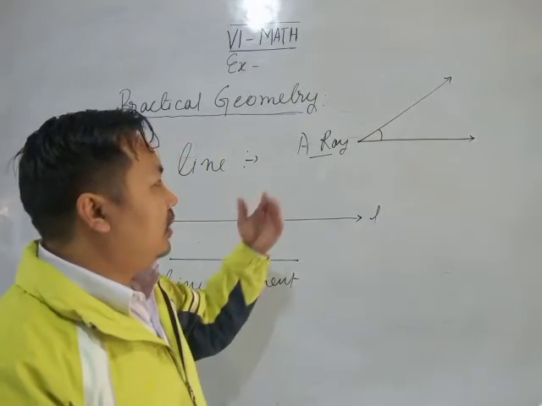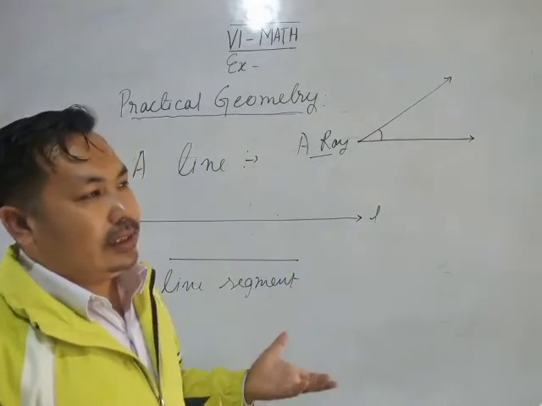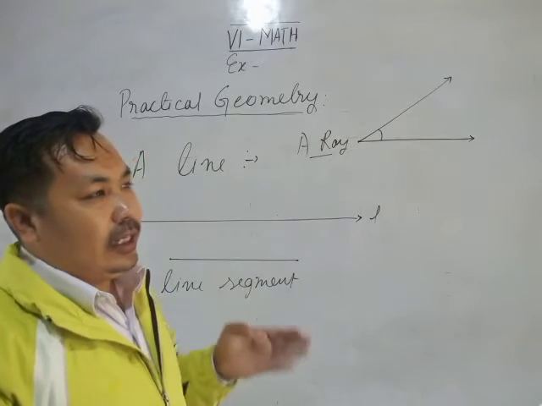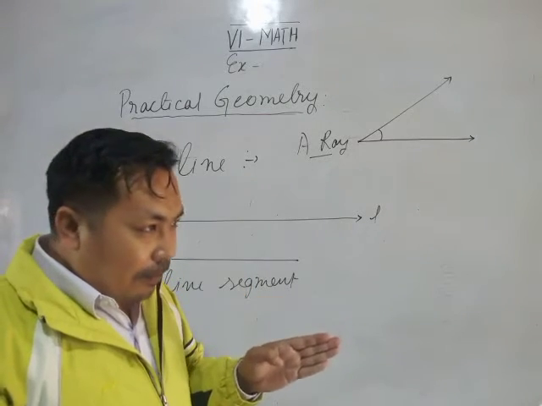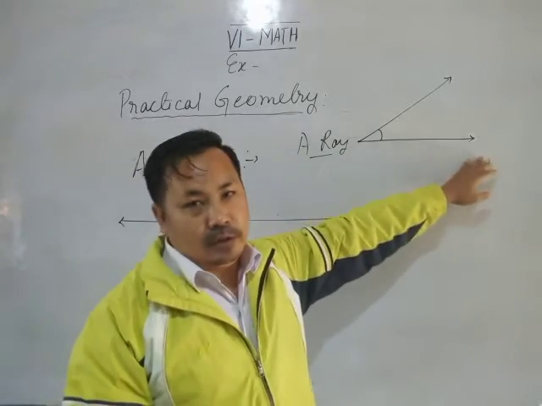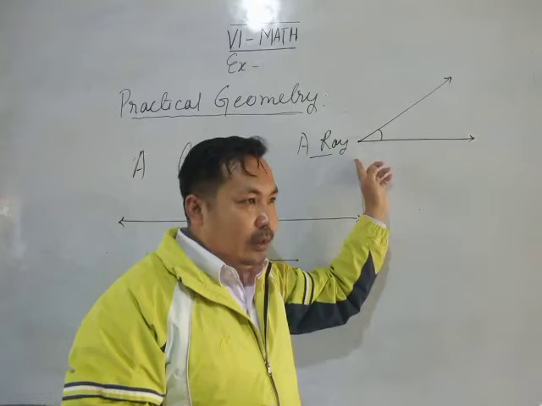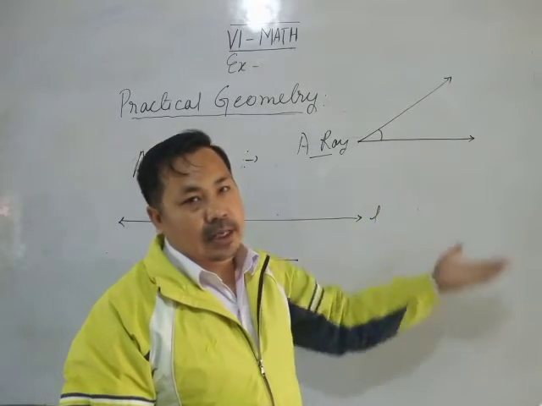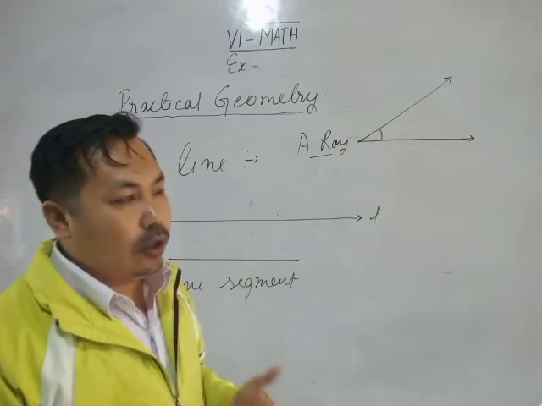Okay, clear? So what is a ray? A ray is a part of a line which has a starting point but no endpoint. It starts from a point and extends in one direction without any end. This is called a ray.